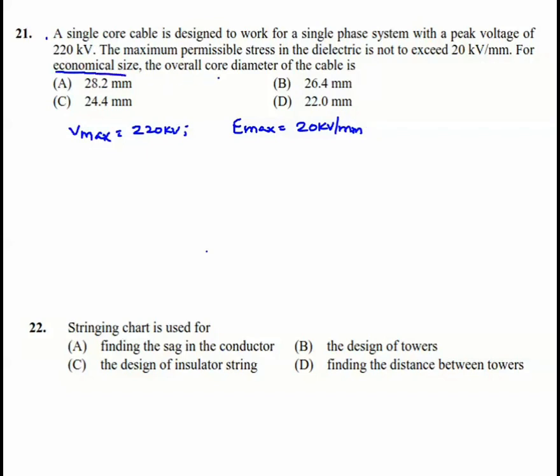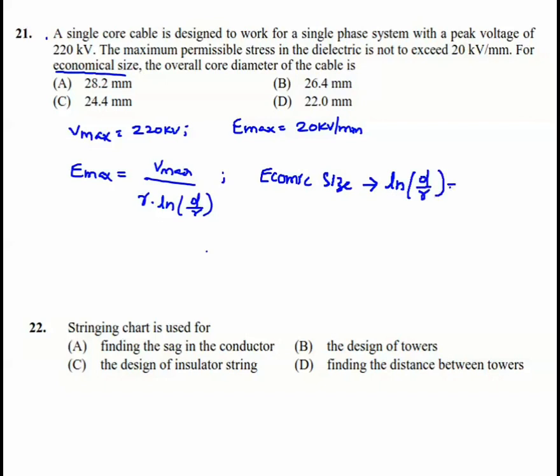The general formula for this problem is E max equals V max divided by R, the radius of the conductor, into ln of d by R. For economic size of the conductor, this term ln of d by R is going to be 1, or d by R is going to be e. So E max, 20 kV per millimeter, is equal to 220 kV by R here. By solving this, R is 11 millimeters.